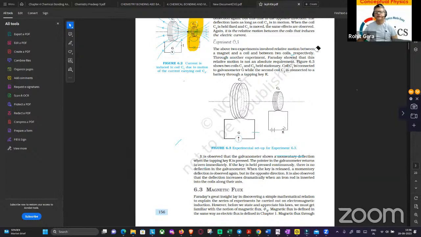Okay, so the experiment goes like this, that now relative motion is not an absolute requirement. You can still hold them together. ठीक है?